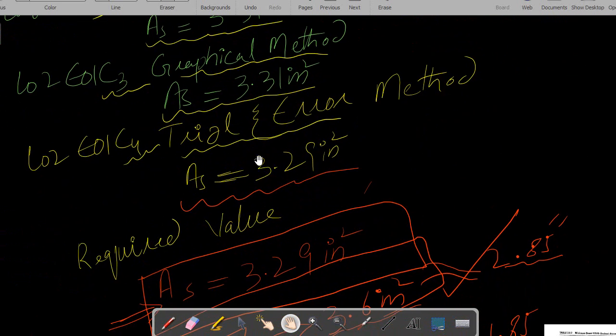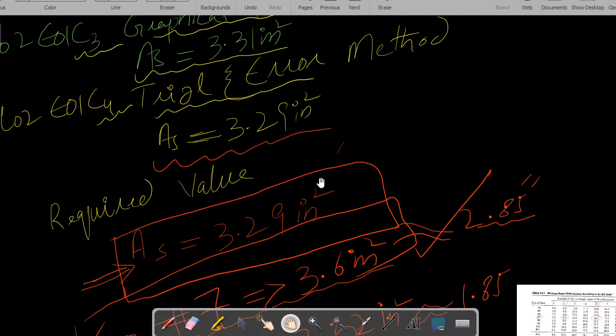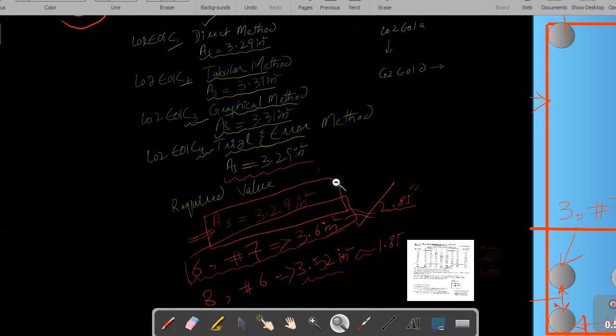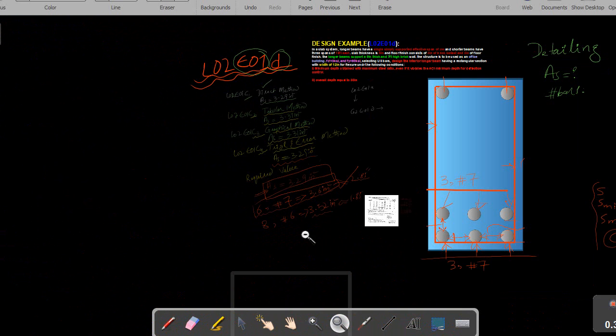Finally, the final design of this beam is 6 number 7 bars, which is my area of steel. It gave me an area of steel of 3.6 square inches.